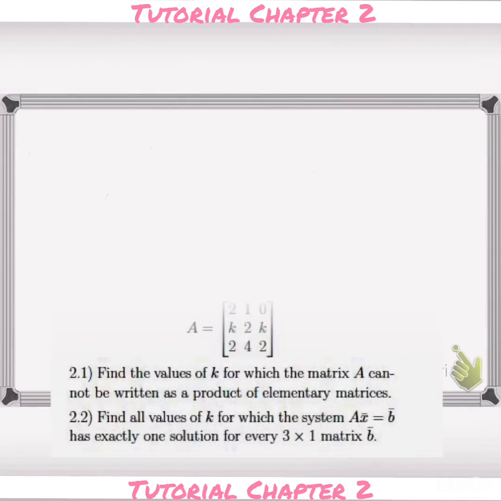Okay, so for the second part, we need to find all values of k for which the homogeneous system AX equals B has exactly one solution for every 3 by 1 matrix.